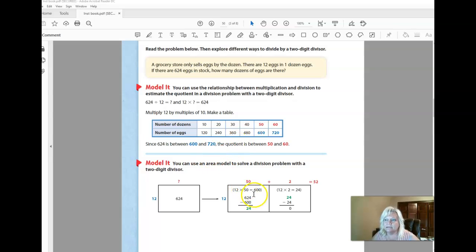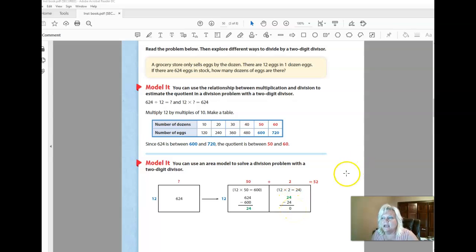So if I take my 624 that I started with and subtract that 600, I'm down to just 24 eggs. So now I know in my head that 24 is divisible by 12 and it's 2 times. So I would put my 2 up here and say, yes, 12 times 2 is 24. If I subtract that 24, I'm left with 0.